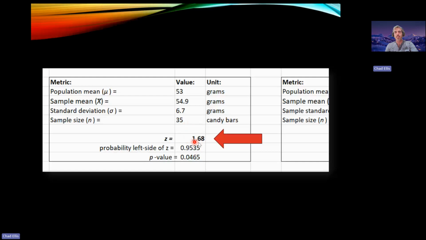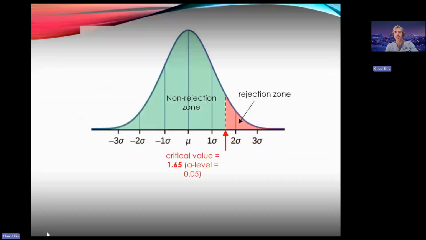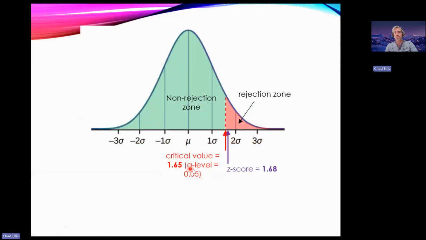So that's what I calculated. There's my Z-stat, and that's what I'm going to be comparing. There's my critical value, 1.65 for an alpha level of 0.05. My Z-score is 1.68, which lands me just within the rejection zone. It's close, and this is why it's important to select an appropriate alpha level beforehand.